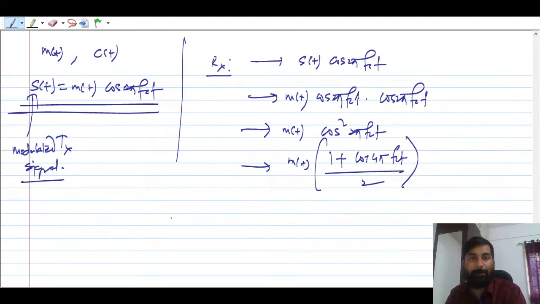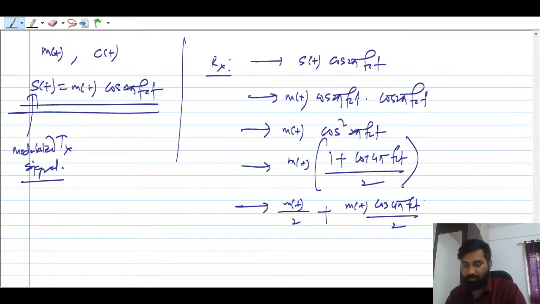Further, if you resolve this, it is m(t) by 2 plus m(t) times cosine 4 pi fc t by 2. This is the expression that you will get at the receiver before the low pass filter. Cosine square theta, you can say. It was 2 pi fc t, so it became 4 pi fc t. Now you need to pass it through the low pass filter.